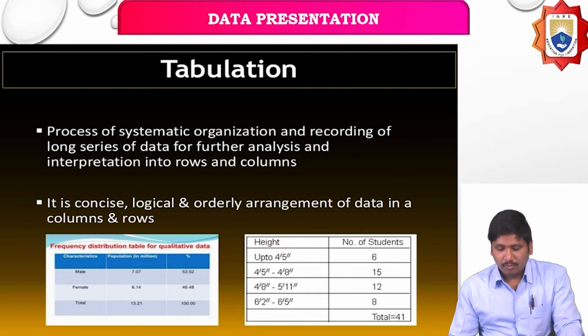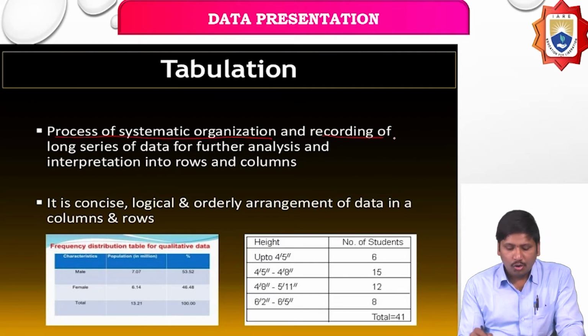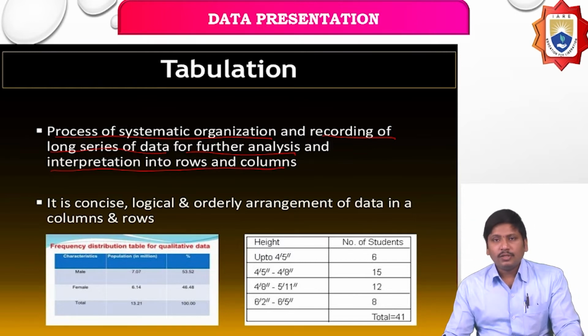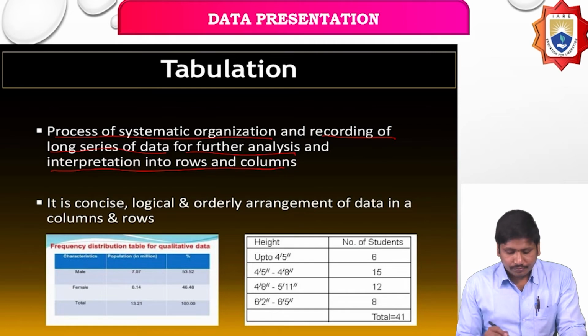So in order to make this tabulation, let's see what tabulation is. The process of systematic organization and recording of long series of data for further analysis and interpretation, in the form of rows and columns, is nothing but tabulation.